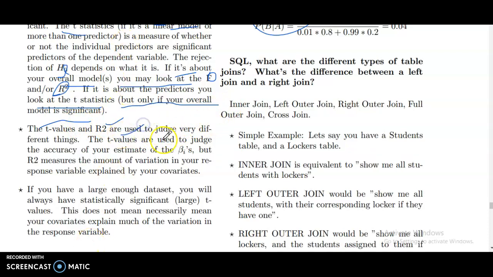The T values and R squared are used to judge very different things. The T values are used to judge the accuracy of your estimate of the beta i, but R squared measures the amount of variation in your response variable explained by your covariates.